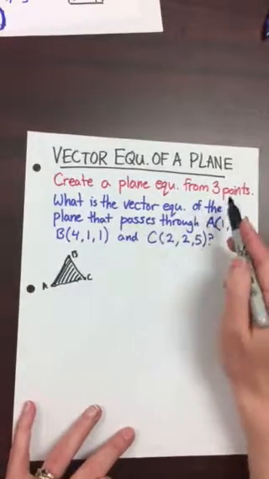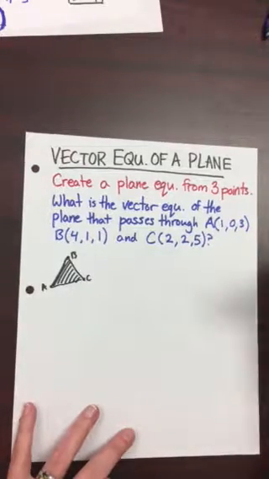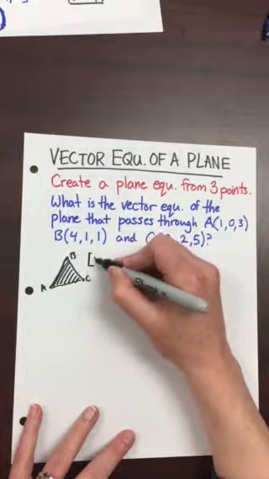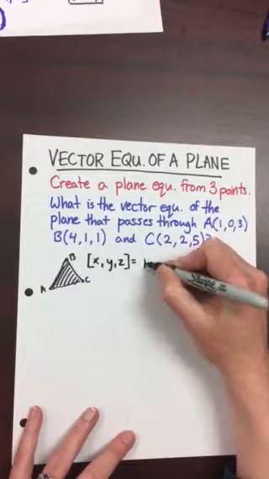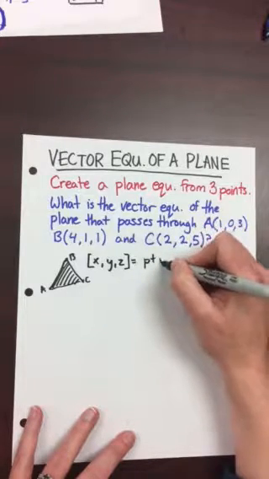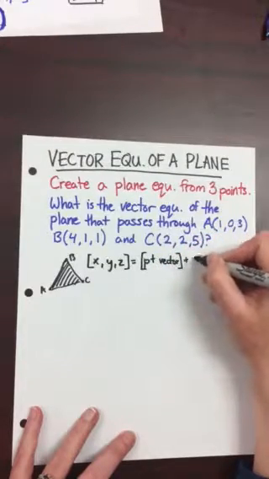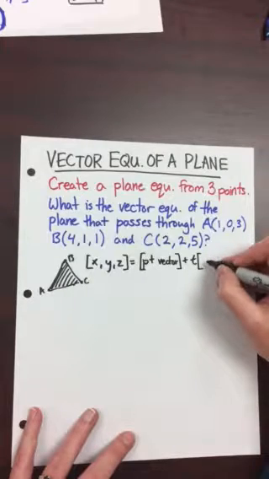So we're going to get the vector equation of the plane defined by these 3 points. Remember, in general, our vector equation looks a bit like this. So x, y, z is equal to a point vector. So this is a vector to a point. And then plus t times a slope vector, or a vector parallel to the plane.